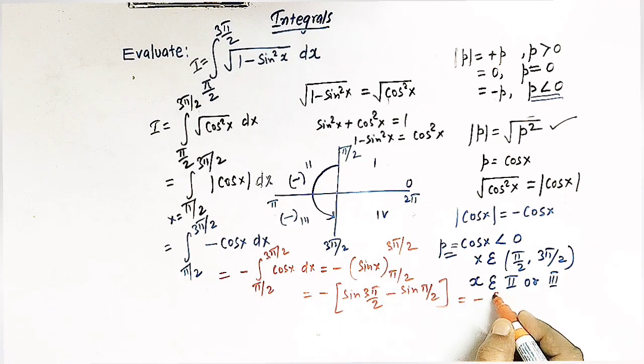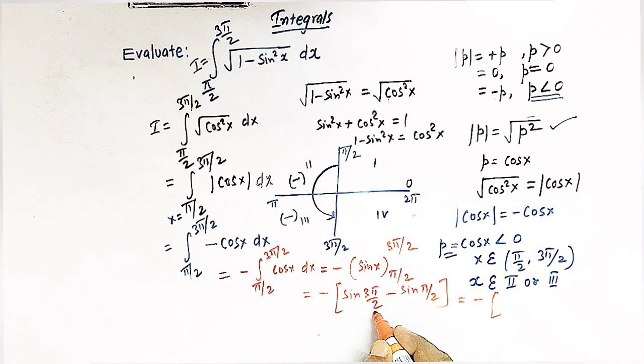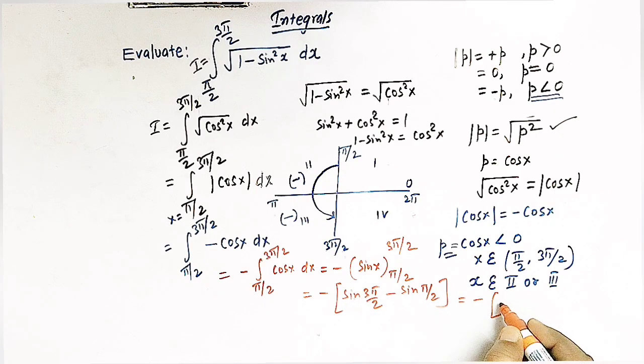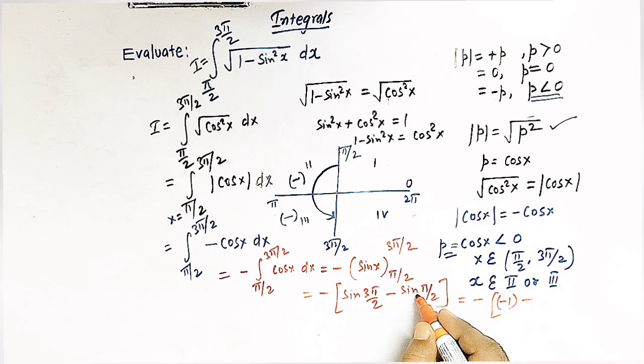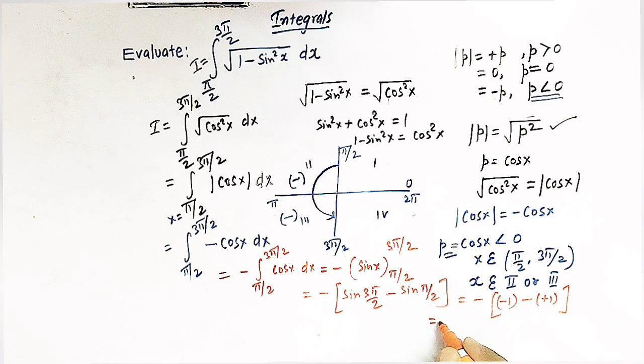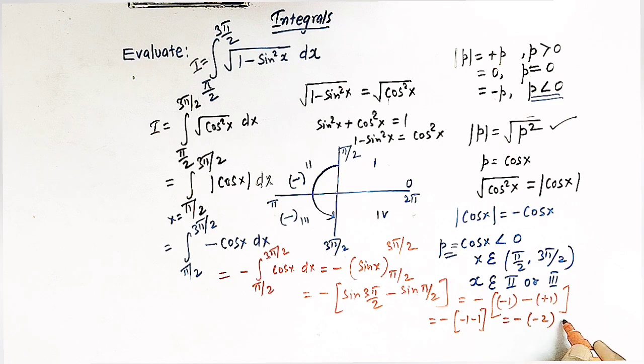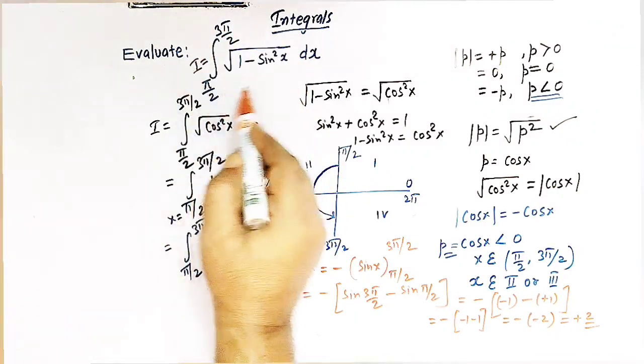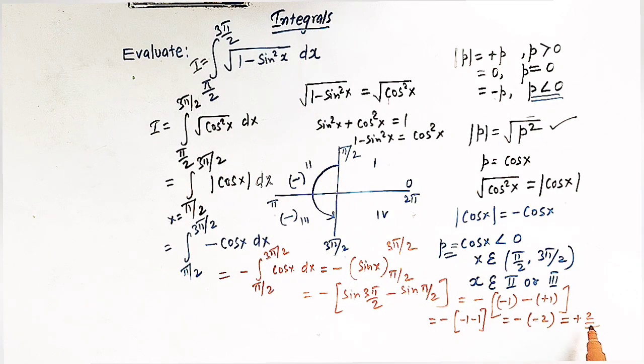Sine 3 pi by 2, that is 270 degrees, is negative 1, and sine pi by 2 is plus 1. So we have minus, here minus 1, here minus 1, so this is minus minus 2. Minus and minus becomes plus, so we have 2. So the value of this integral is plus 2.